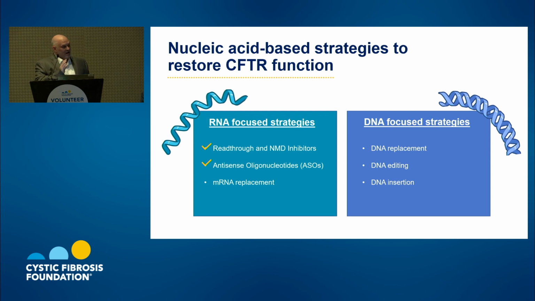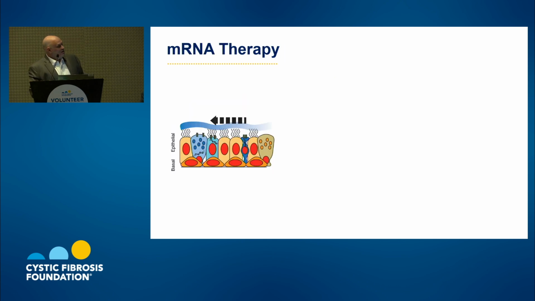And this includes details on the messenger RNA replacement strategies that were highlighted earlier, as well as some very simplified schematics of how we think about going into the chromosome and replacing CFTR at the DNA level. So this really is durable replacement of CFTR. So messenger RNA therapy, in this case, we've got our pretty little epithelial cells that are in the airway.